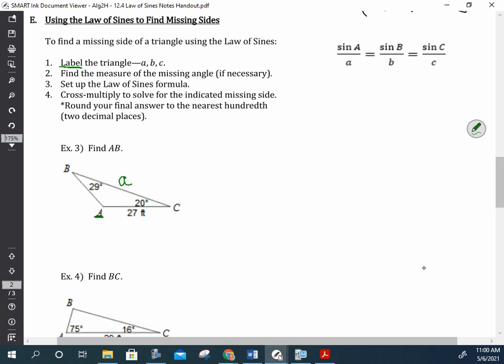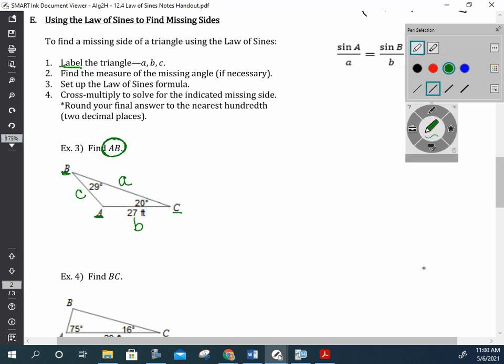A side is directly across from it. B angle, B side, C angle, C side. First step, get it labeled. We're looking for side AB, so we're looking for this side here. It has the labeling of C on it.